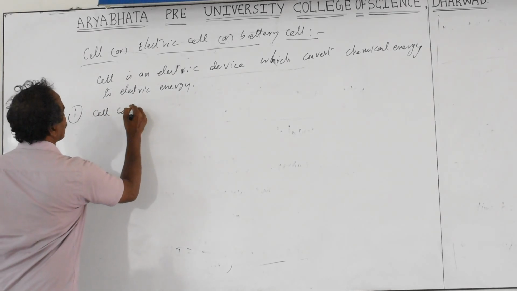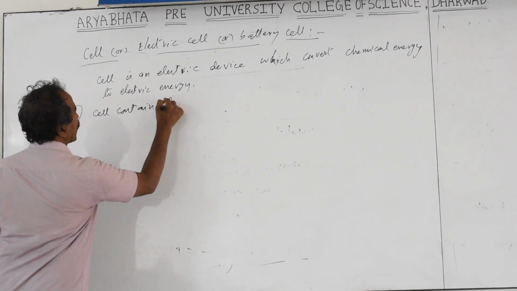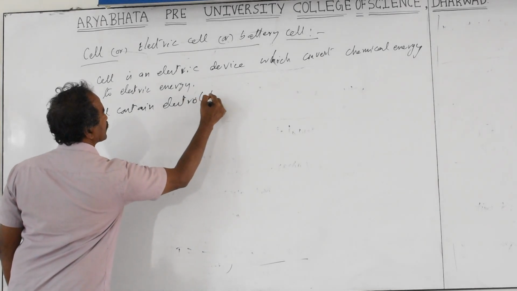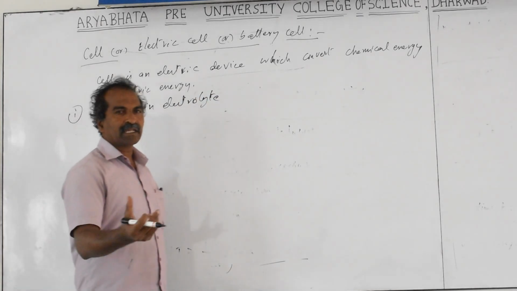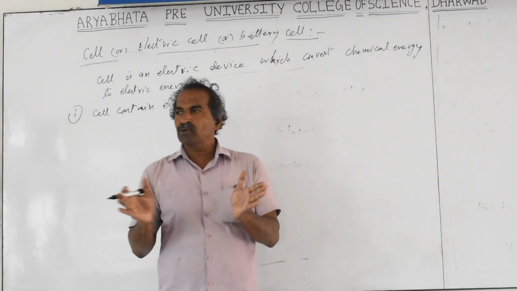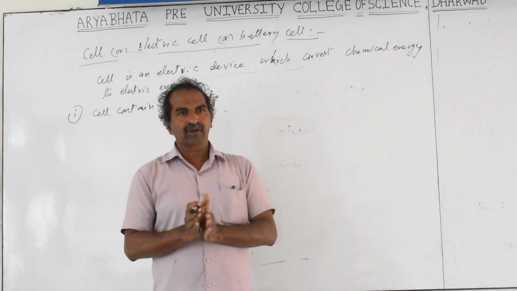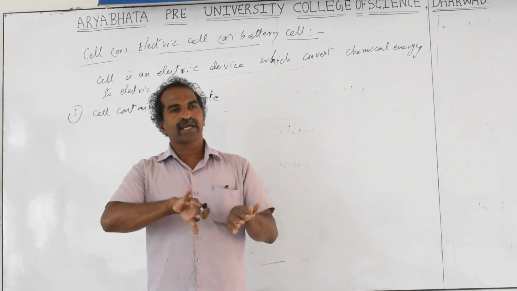A cell contains electrolytes. What is this electrolyte? An electrolyte is a chemical in which it is possible to separate positive and negative ions. In an electrolyte, we can easily separate plus ions and minus ions.